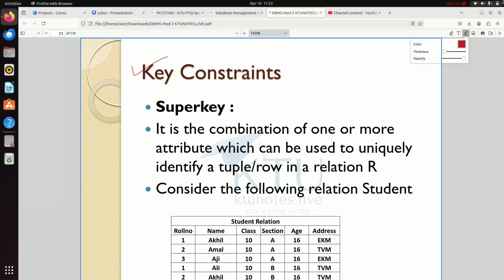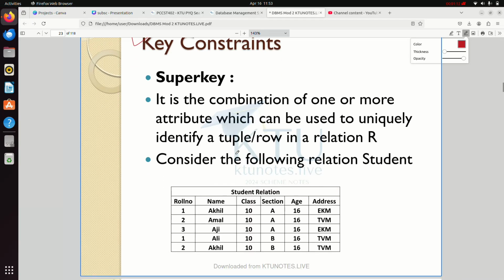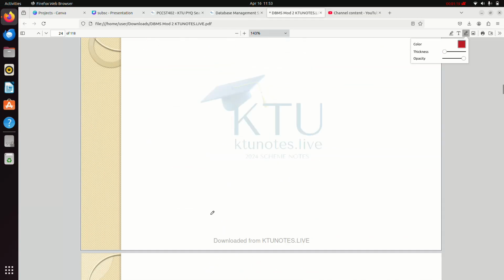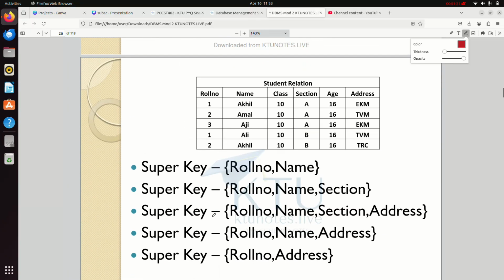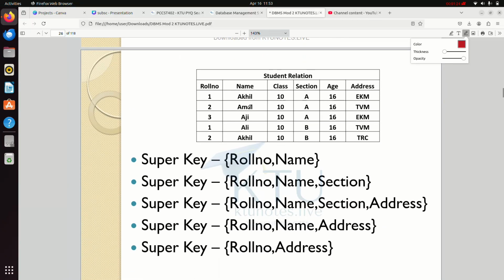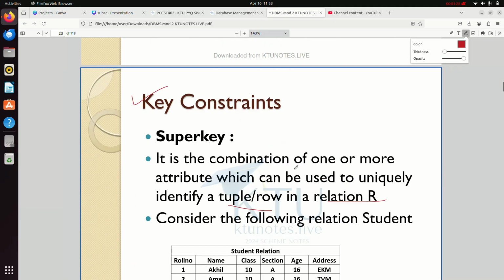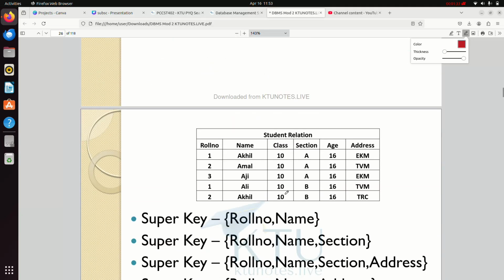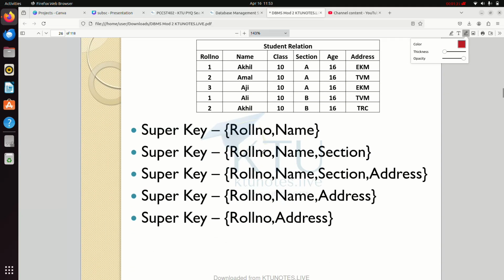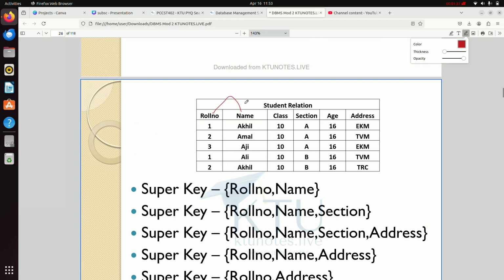What is a super key? It is a combination of one or more attributes which can uniquely identify a tuple or a row in a relation. Consider the following relation, student. The super key of this student relation can be the combination of one or more attributes that can be used to uniquely identify a row. So roll number and name together can uniquely identify.